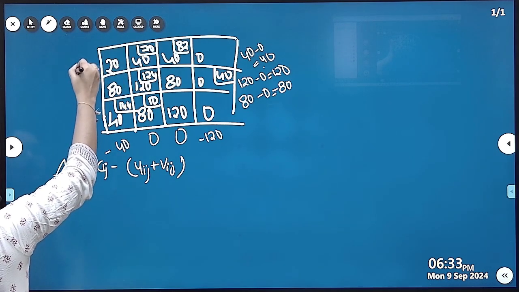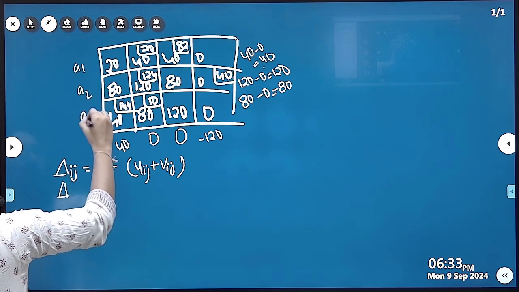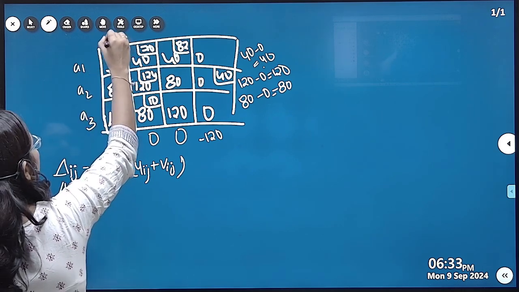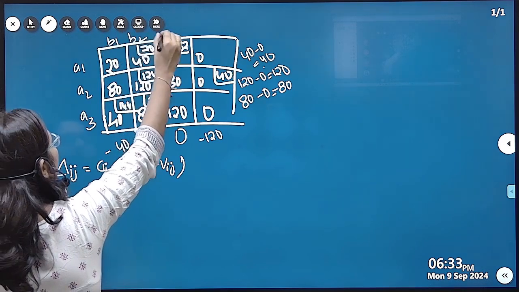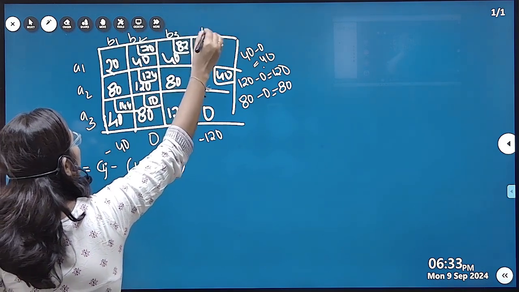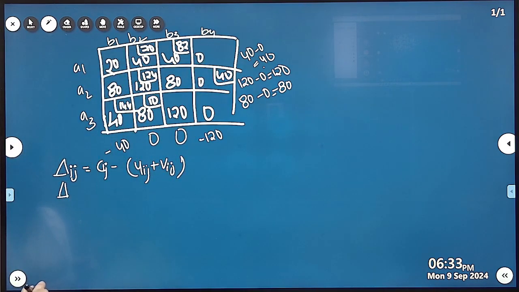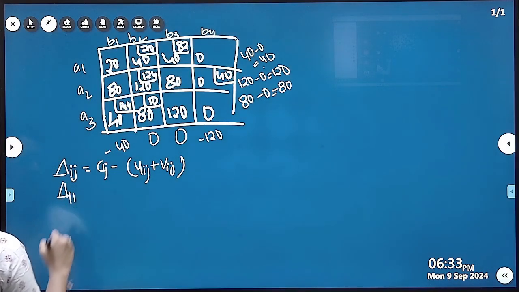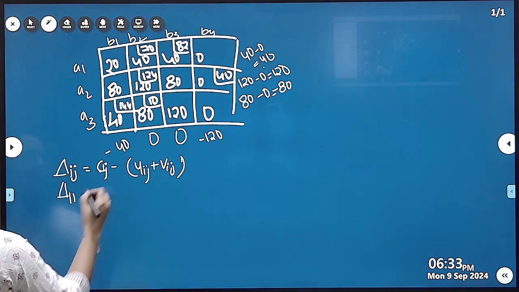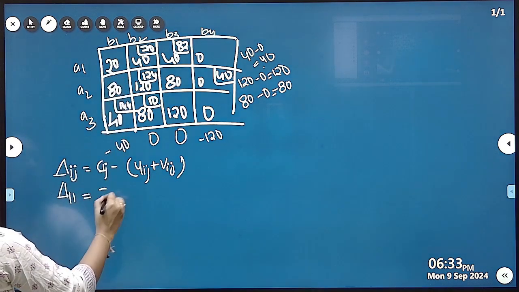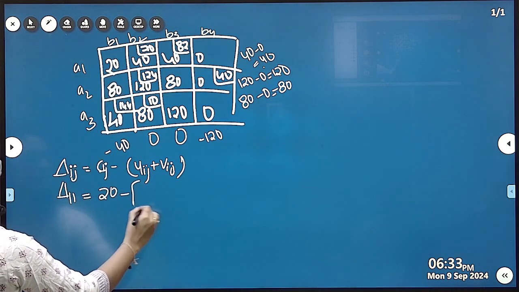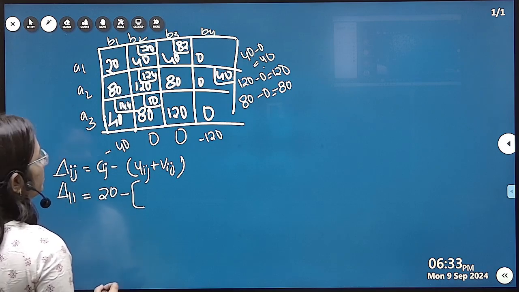We'll take the rows as A1, A2, A3 and the columns as B1, B2, B3 and B4. So this is A1 and B1, so we'll take delta 1,1. That is equal to Cij, the cost, minus ui plus vj.